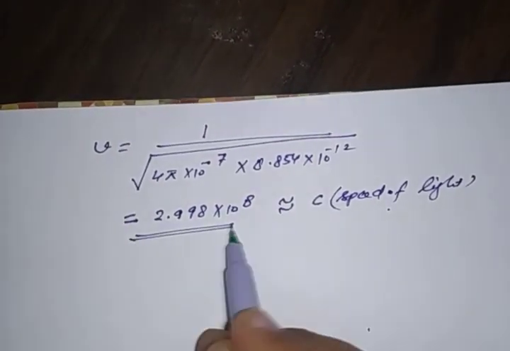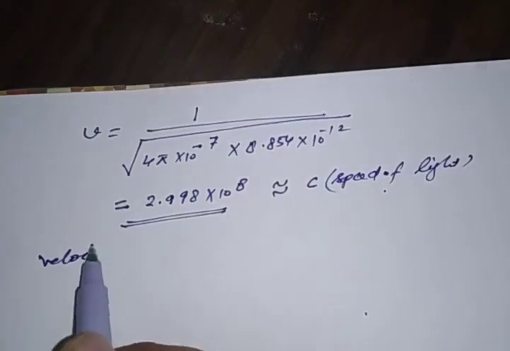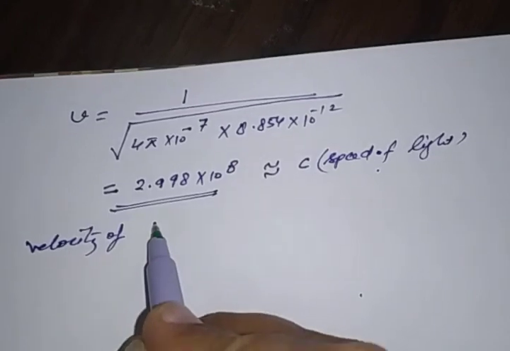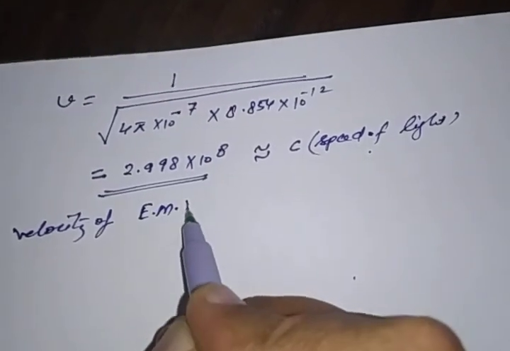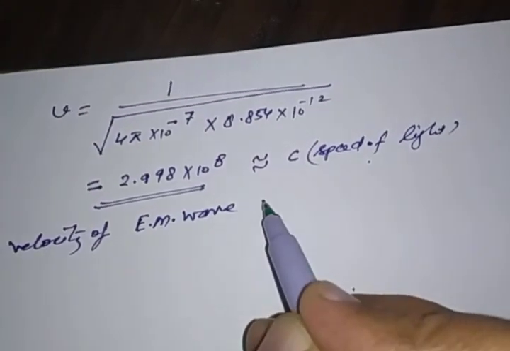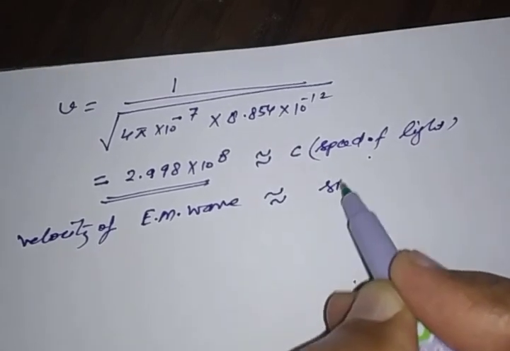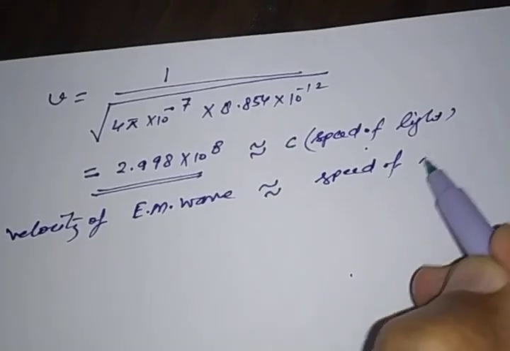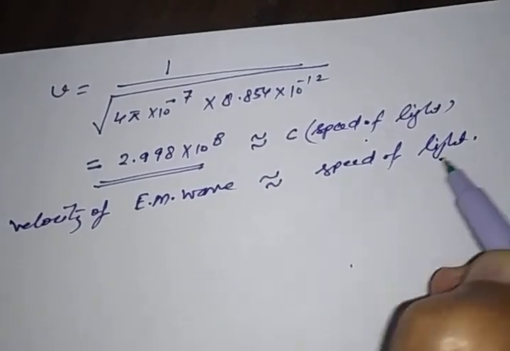So this value is the velocity of electromagnetic wave, and it is nearly equal to the speed of light.